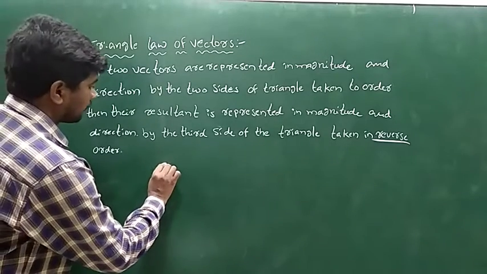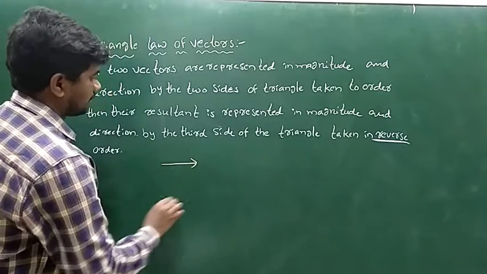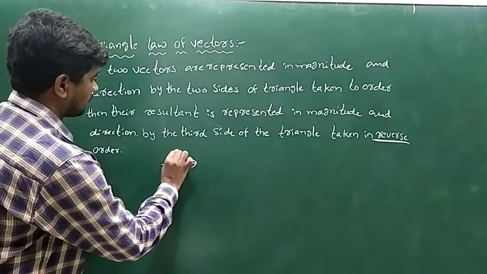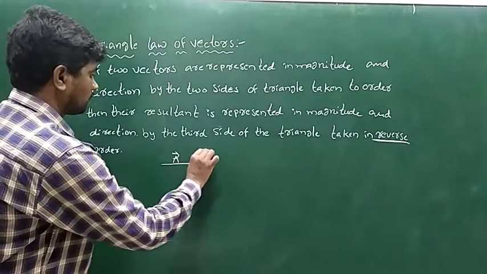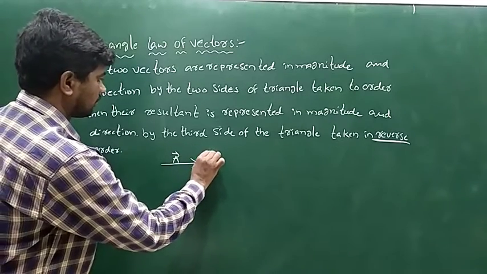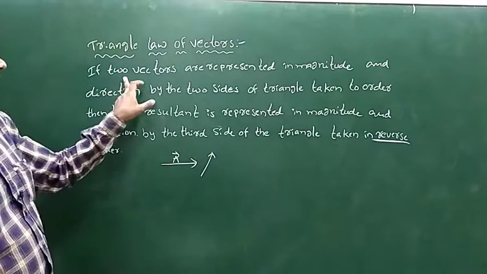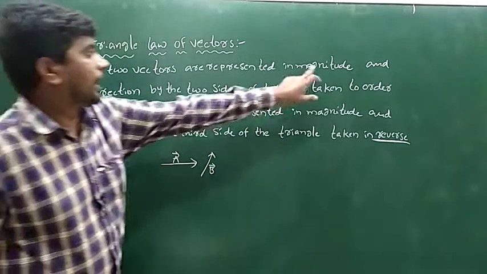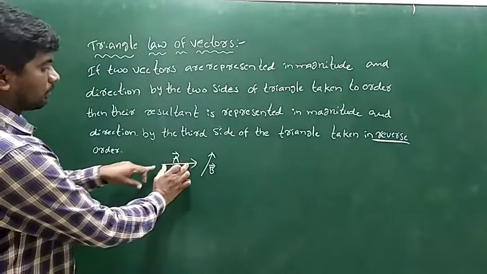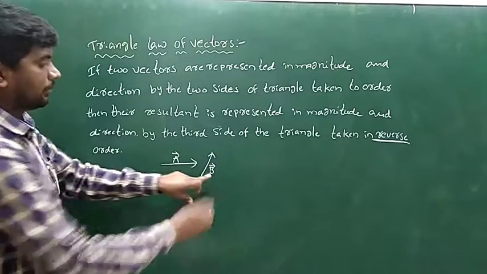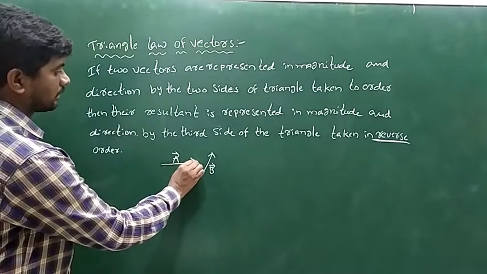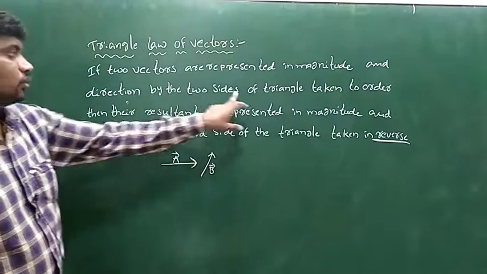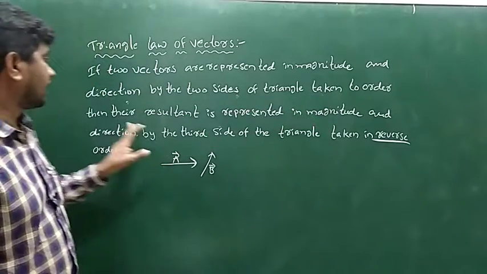To take two vectors, this is the A vector and this is the B vector. If A and B are two vectors represented in magnitude and direction, this is the magnitude, this is the A bar, this is the magnitude of B bar, and some direction. This is the direction of two sides of a triangle taken in order.